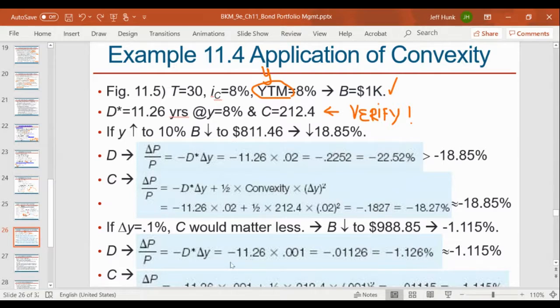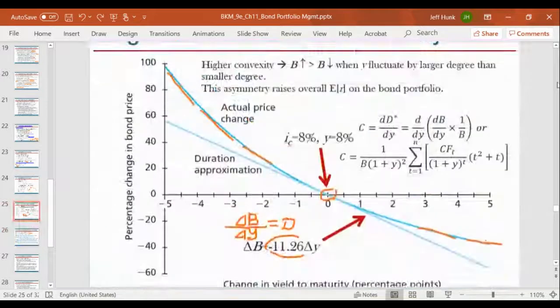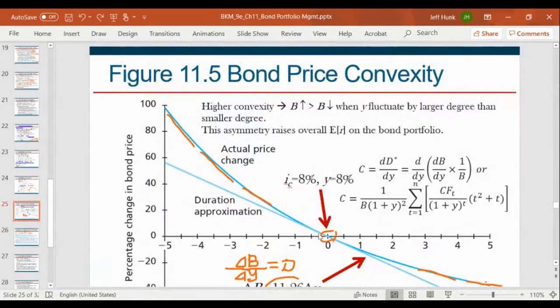Now, if the change is very minor, insignificant, like a 0.1% change, convexity wouldn't matter much because we are in the range where it is pretty much like zero.